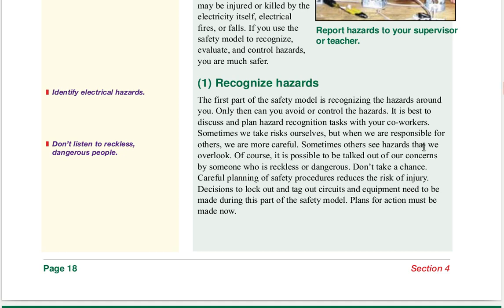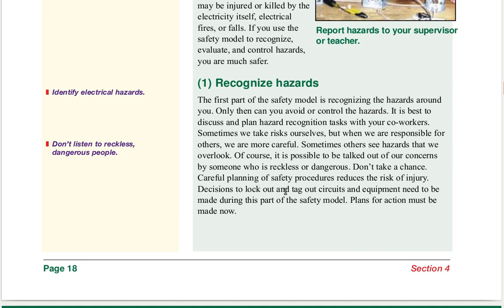Sometimes others see hazards that are overlooked or that we overlook. Of course, it is possible to be talked out of our concerns by someone who is reckless or dangerous. Don't take a chance. Careful planning of safety procedures reduces the risk of injury.